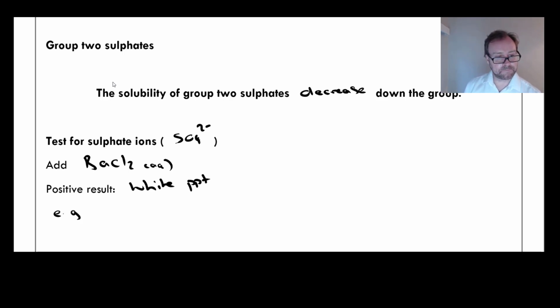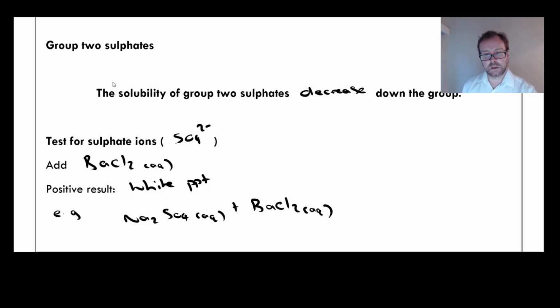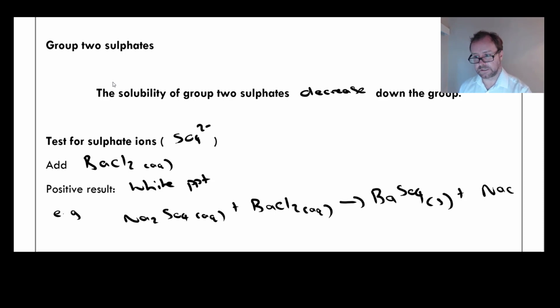E.g., if I have an unknown solution, but I'll say it's sodium sulfate, and I add barium chloride to it, I will produce barium sulfate, which is a solid. It's at the bottom of group 2, and we said the solubility decreases down the group, plus what do we have left over?